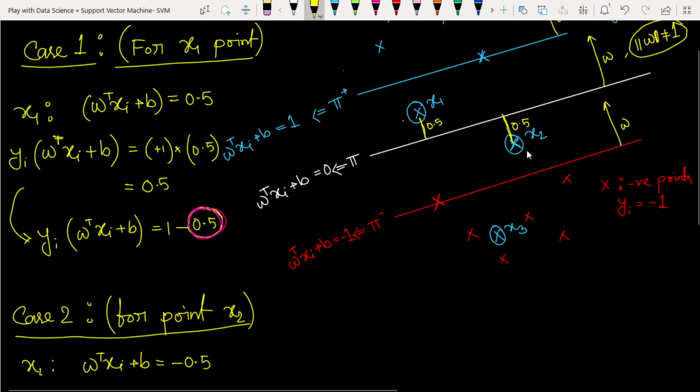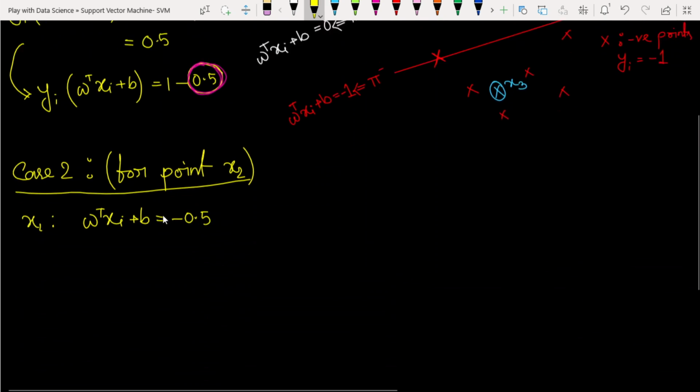Because the direction of x2 is in the direction of the negative set of data points, but the direction of W is the positive direction, of the positive set of data points. The direction of this point and the direction of W are opposite, so this value will be minus. And the distance from this plane is 0.5, so it is simply minus 0.5.